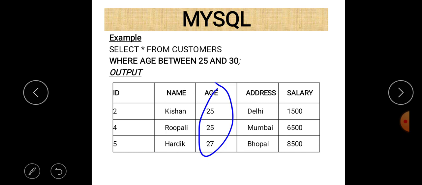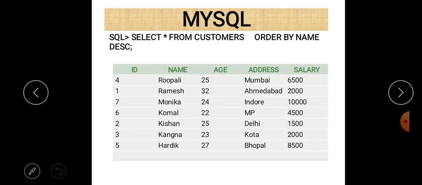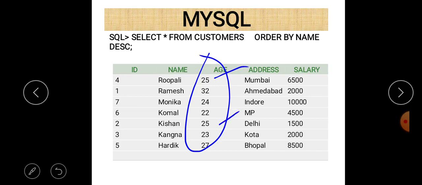When you look at the original table, you can see the ages that lie between 25 and 30: Rupali, Kishan, and then Hardik.